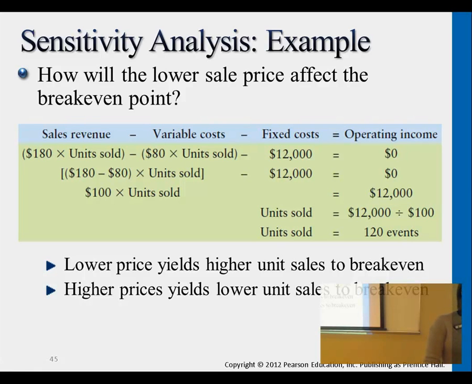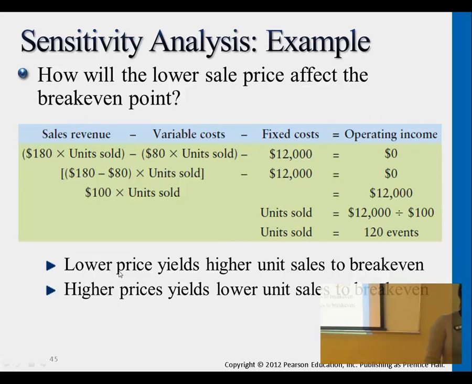Now with the new price that's lower, it's 180, what's going to happen? The break-even point moves to 120 events. So before we had 100, now we have 120. Just from this example, we can derive two statements.